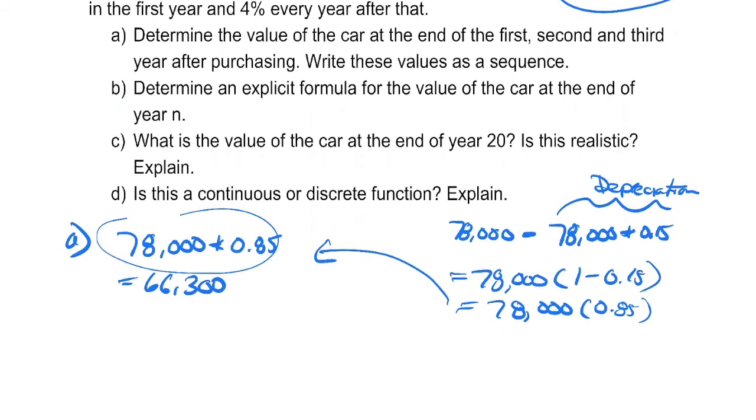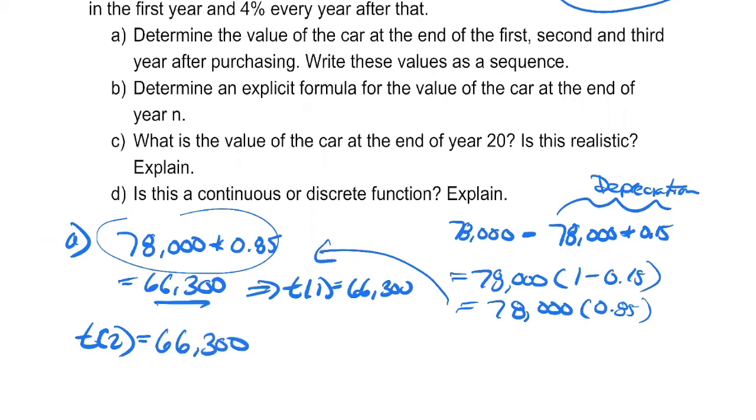So here we could say T of 1 is 66,300. Well, what's T of 2? In other words, what's the value of the car after the second year? It's going to be what it was worth after the first year. But it says after the first year, the car depreciates 4% for every year after that. So in this case, we multiply by 0.96. 66,300 times 0.96 is 63,648.